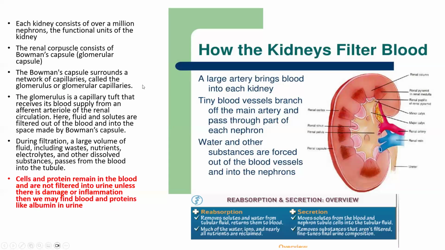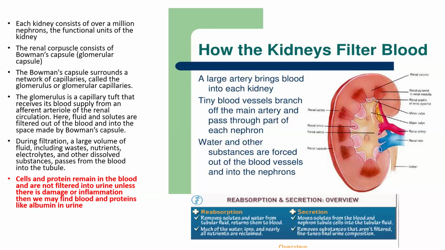So a lot of nephrons in the body, millions of them. And that filtration is going to take place in those nephrons. You have the Bowman's capsule there. It surrounds the capillaries, and that's where your blood supply is. Those are the afferent arterioles that are bringing in the blood that is going to be filtered.